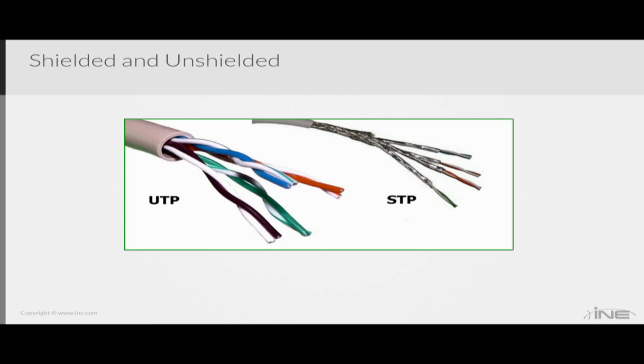In shielded twisted pair, as you can see here, each pair of wires, not only is it twisting around itself, but there's an outer covering, usually some sort of foil or some sort of mesh that's around each pair of wires to give you even more protection against electromagnetic interference. Whereas unshielded twisted pair doesn't really have that.